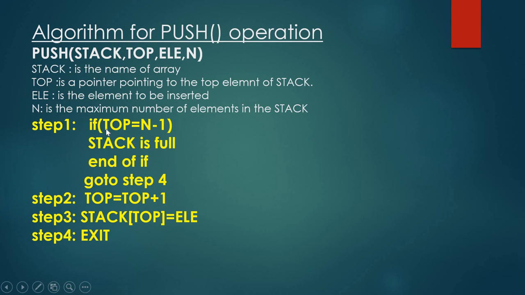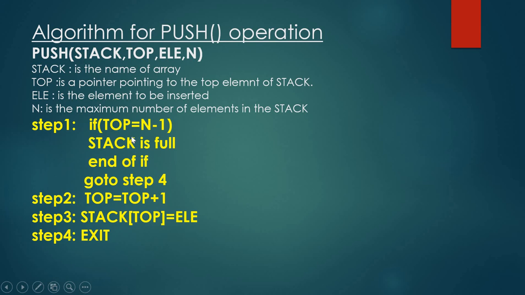Step 1: if top is equal to n minus 1. It is implemented using a one-dimensional array, so it is starting from 0 to n minus 1. If top is equal to n minus 1, print stack overflow or stack is full.